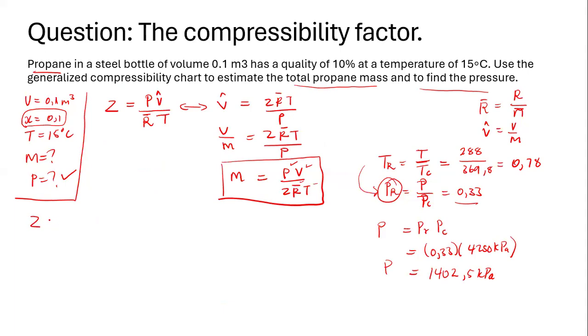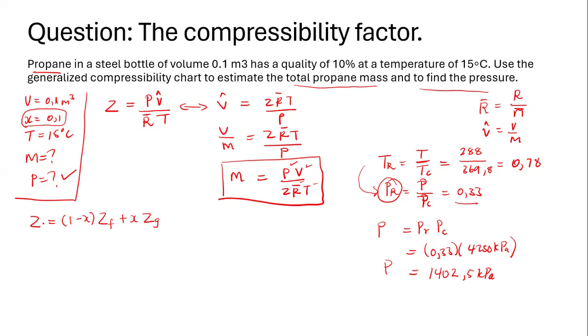So we're gonna say Z is gonna be equals to, by composition, 1 subtract X, which is the quality, multiplied by Z of the fluid, plus X multiplied by Z of the vapor.